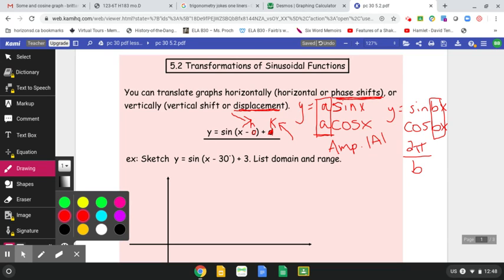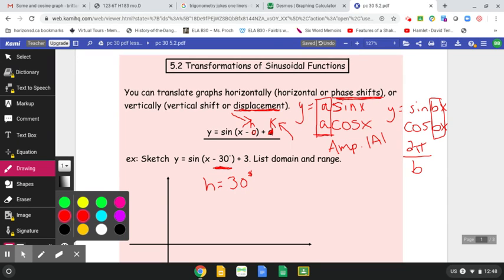All we have to do is use Desmos, graph these things, and then look at domain and range. Nothing too tricky. I do like to make sure you remember how to find H and K first before we even graph. With H, we always flip the sign. Right now it's negative 30, so you flip it, which means it's positive 30, and that's in degrees.